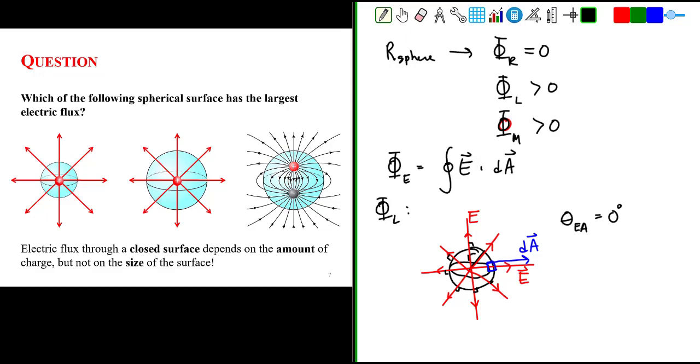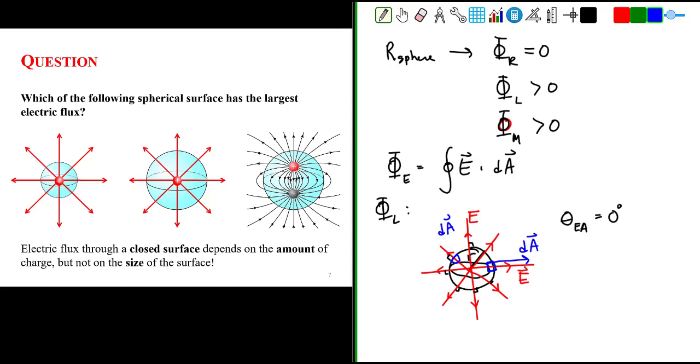The electric field is perpendicular at all points on the sphere, and the electric field has the same magnitude. So relative to different surface differentials, we could say that the electric field is constant relative to a tiny surface element.